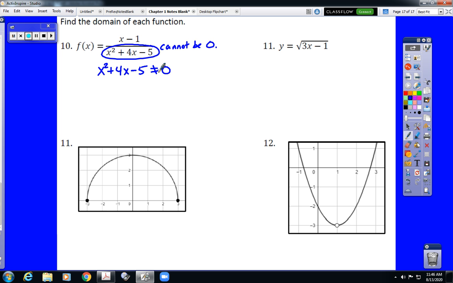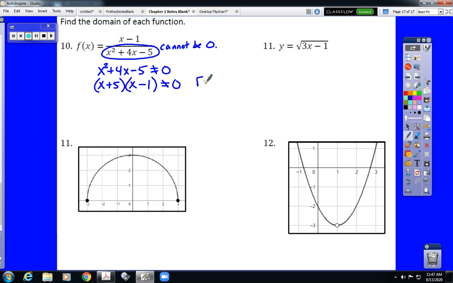We need to figure out where it crosses the x-axis. So that would be a factoring problem. Factors of negative 5 that add to positive 4 would be positive 5 and negative 1, meaning that trinomial factors into x plus 5 and x minus 1.